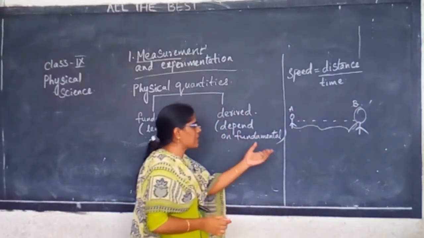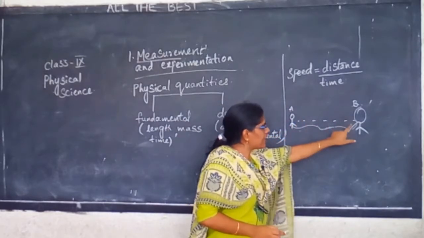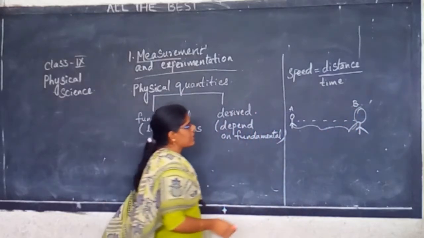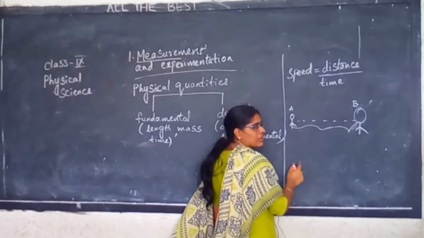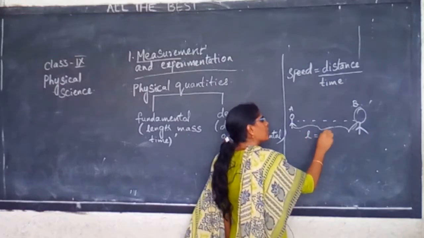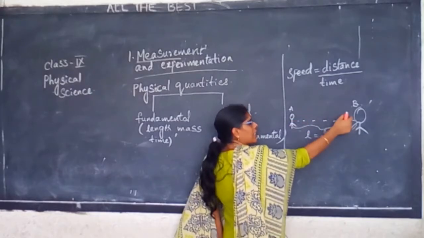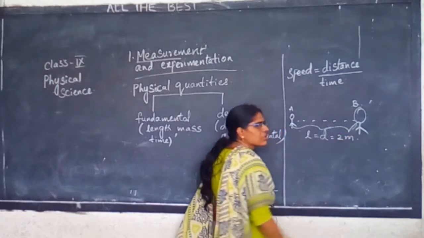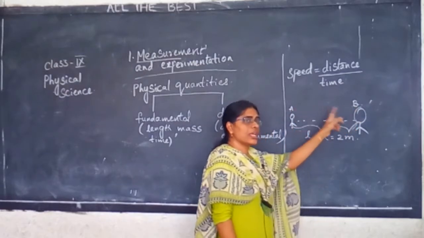The same person, initially he is at position A. After a time t seconds he has moved to another position B. Is there some length between A and B? Yes. Let us assume the length, or we can also call it the distance. There is some gap between A and B. Let us assume it is 2 meters. Okay? 2 meters is the distance between A and B.